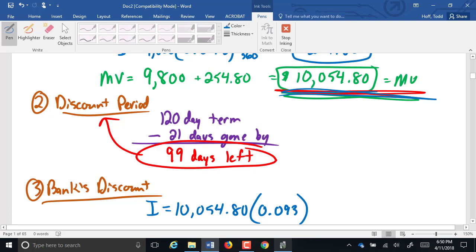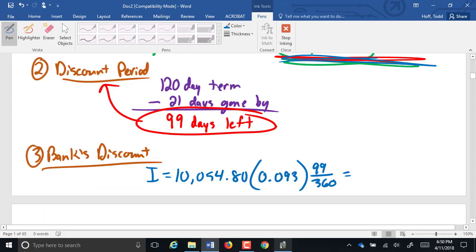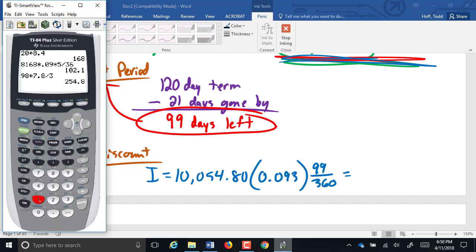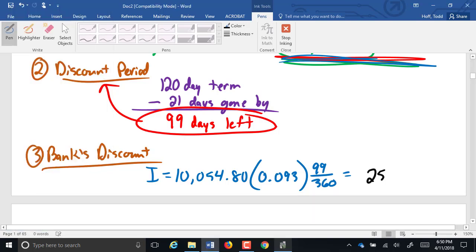And our time? 99 days, so 99 over 360. So 10,054.80 times 0.093 times 99 over 360 gives me 257.15. That's the bank's discount, correct? Is that what you got?